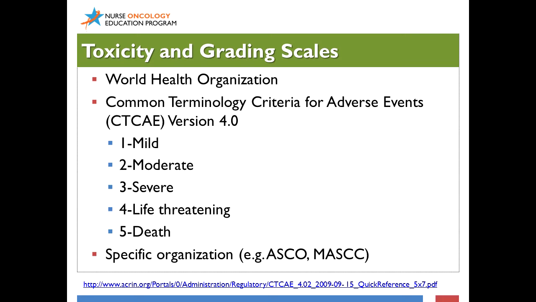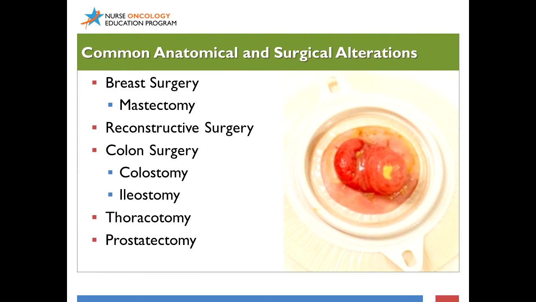What's important to note is that there are several types of toxicity and grading scales, different types of inventories related to pain assessment, fatigue assessment, skin assessment. You'll see that throughout the presentation today, and that specific organizations have developed their own toxicity scales, such as ASCO and MASC. And what I think is important for the oncology nurse is that they consistently use an assessment scale and that they document it.